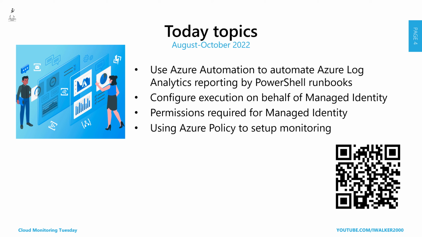And of course we will look at the permissions of the managed identity, how it could be executed inside the code, and after that how to use Azure Policy to configure. Before, we did the configuration of all objects only manually, going to the settings of each object and installing, for example, the agent for virtual machines by the portal.